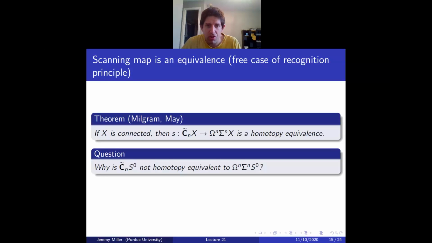You can check that if X is not connected, then the map is not an equivalence. Probably the spaces aren't homotopy equivalent, although it's harder to rule out some exotic homotopy equivalence. But definitely this natural scanning map is not an equivalence.